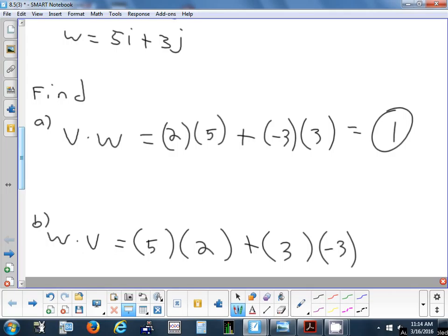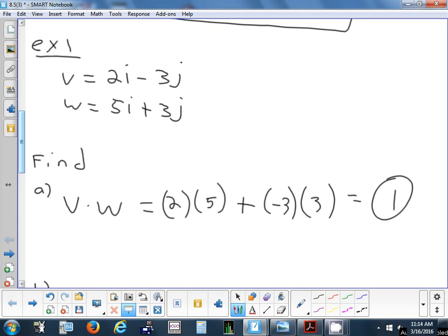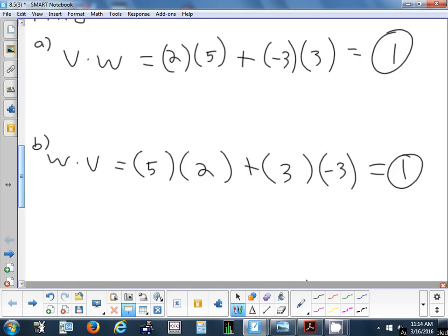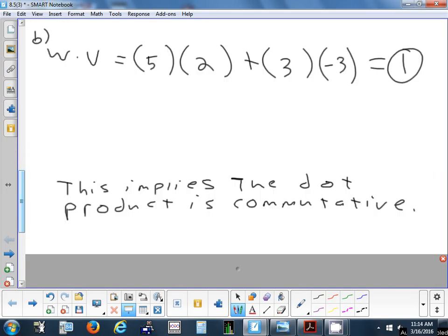Now we're doing the w first and then the v. 5 times 2, 3 times negative 3. What's the dot product of w times v? 1. So what does that mean? It's commutative. The dot product is commutative.